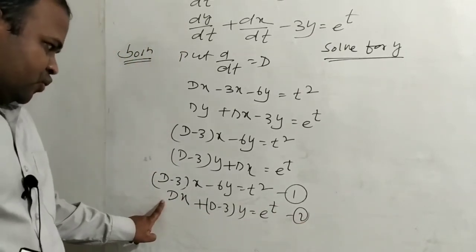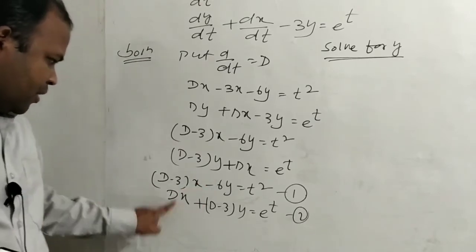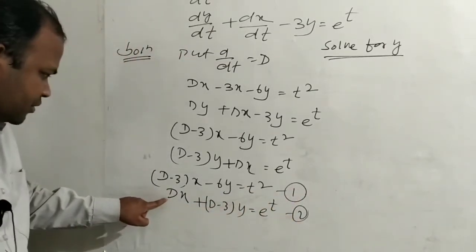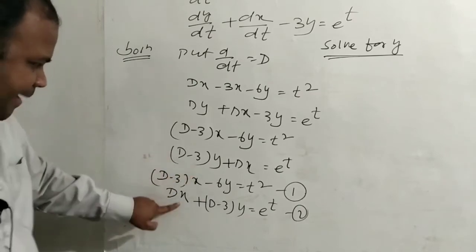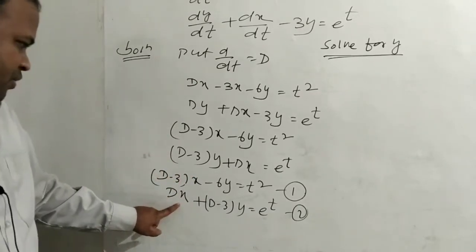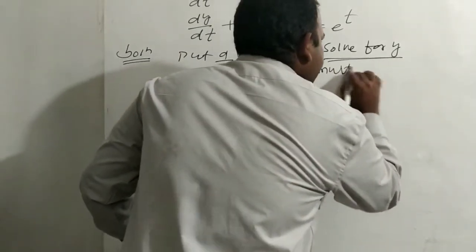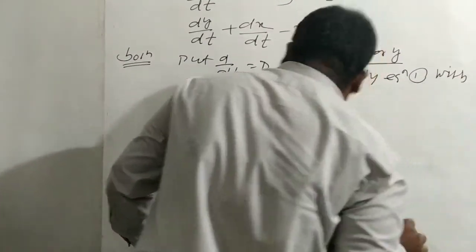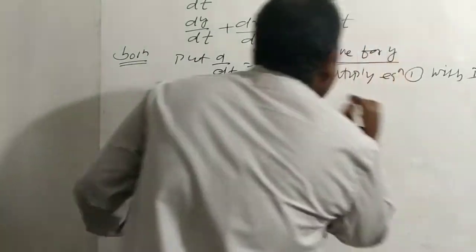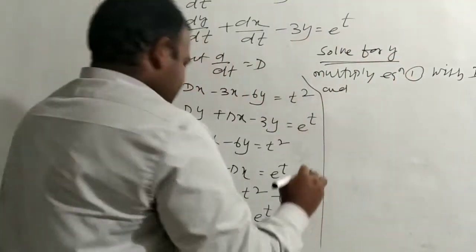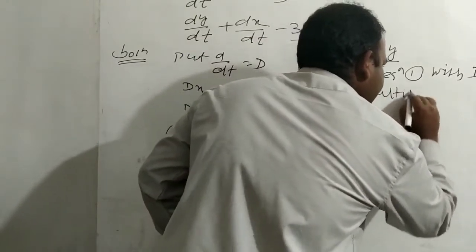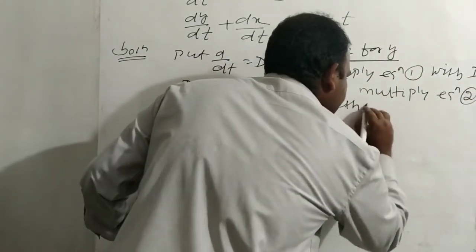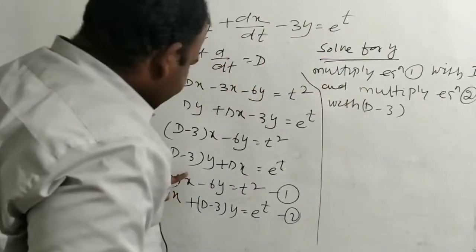It is D. So for the elimination of x, multiply equation number 1 by D and multiply equation number 2 by D minus 3, so that the coefficient of x will be the same, and after that we can cancel it.